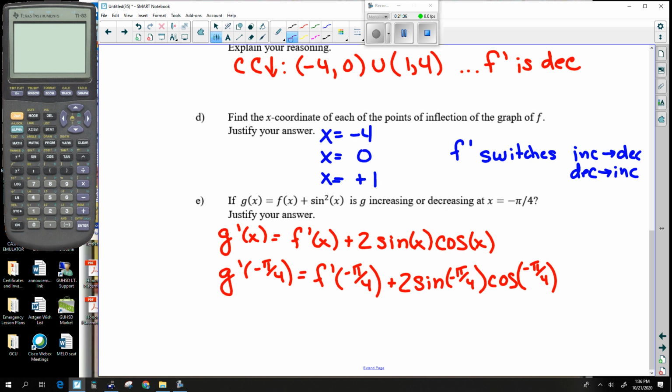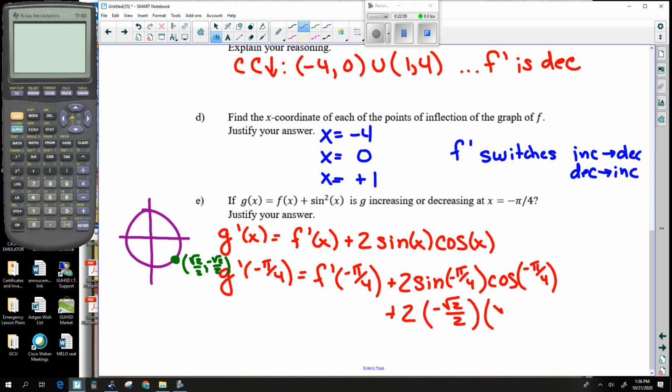All right, let's take a look at a unit circle. Negative pi over 4 is when you go backwards, which has square root 2 over 2, negative square root 2 over 2. So this is going to be 2. The sine is negative square root 2 over 2.